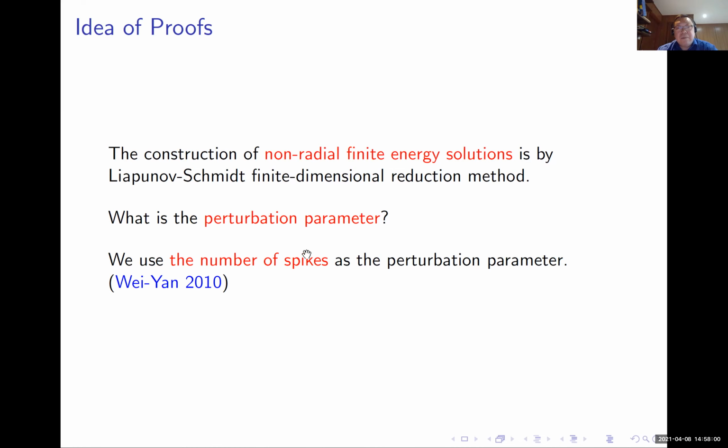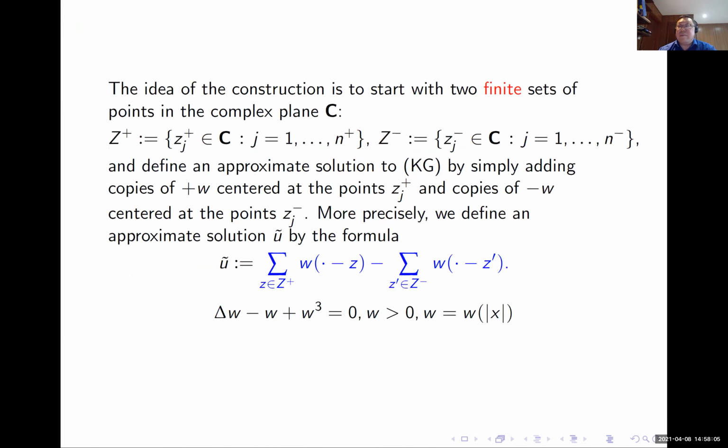So we use the number of spikes as a perturbation parameter. Let us set this problem up as a finite dimensional reduction and see how we solve it. Now let me just emphasize that in this problem, there's no small parameter. There's nothing. The problem is fixed.